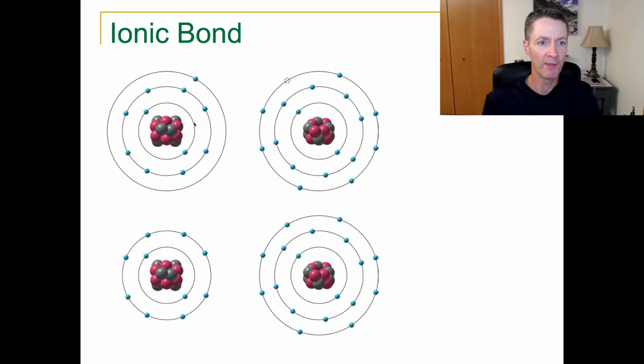On the left side, we have a sodium, and it's kind of weird. They have Na. You'd like to have an S or SO or something for this based on its name, but Na is the code for sodium. And we have a chlorine atom over here.